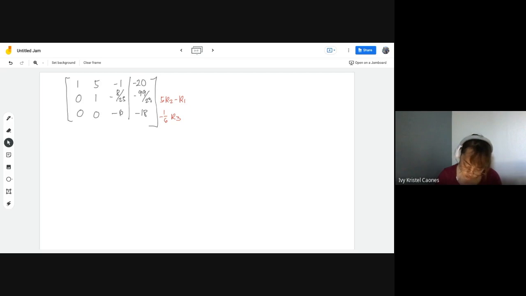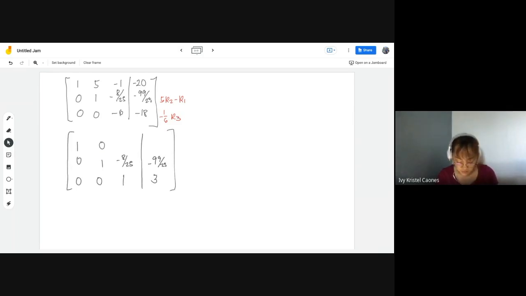The computation: 5 times 1 is 5, minus 5 is 0. Then 5 times negative 8 over 25, minus negative 1, will give you negative 3/5. Then negative 99 over 25 minus 20 will give you 1/5.